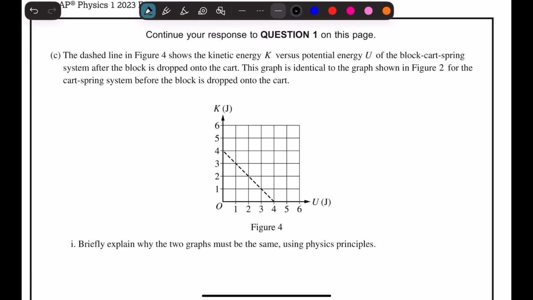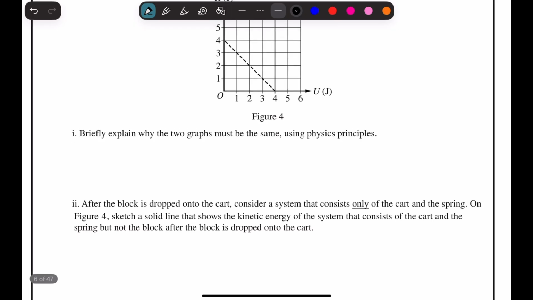Well, we know that after the block is dropped and sticks to the cart, the total mechanical energy will remain constant, right? Because there are no external net forces. So we can write this.